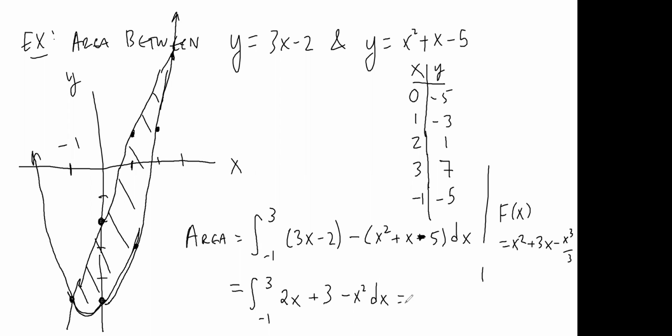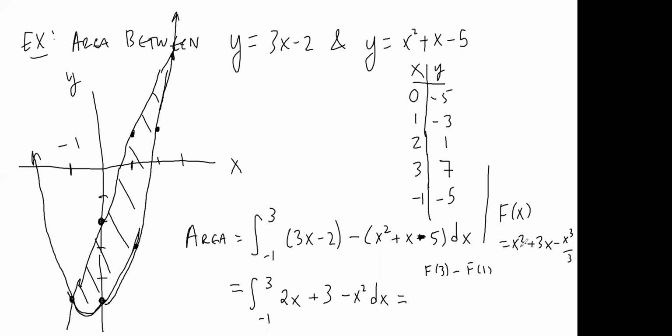So that's my antiderivative, my indefinite integral. Based on the fundamental theorem, I just need to find what capital F at 3 is minus capital F at -1. And that will take care of that. So plug in 3 into this equation.